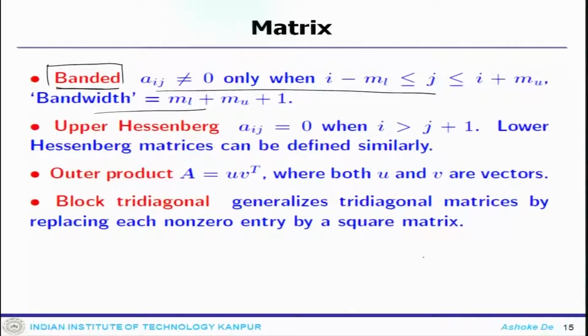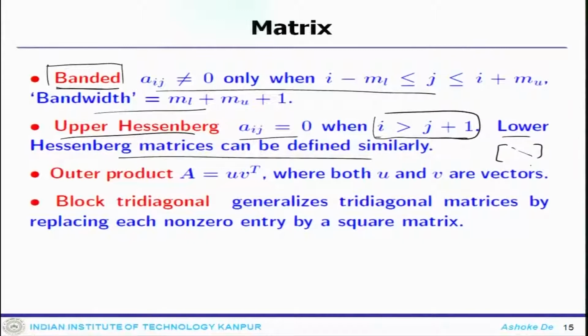Another system is called the upper Hessenberg matrix, where the components are 0 for i greater than j plus 1, and the lower Hessenberg matrices can be defined similarly, which will be the reverse of that. So in a particular system you have upper Hessenberg and lower Hessenberg, constituted using your i and j elements.